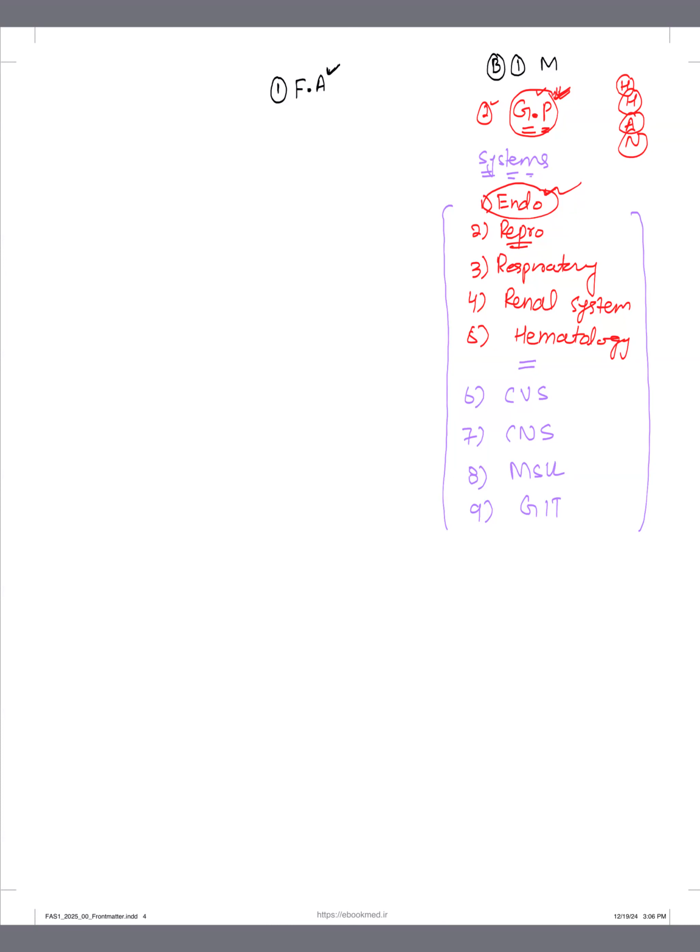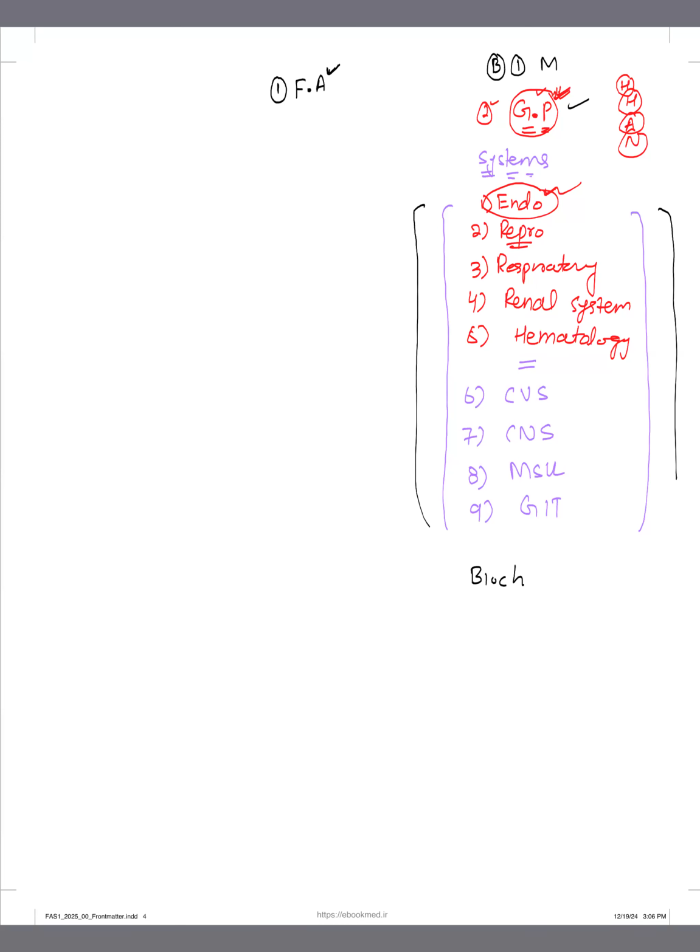We will try to cover as much as possible so that it will give you a lot of benefit. These are the important systems. Let's suppose a person completed general pathology and is done with all the systems. What should the person choose next? After completing all the systems, you have to start biochemistry.